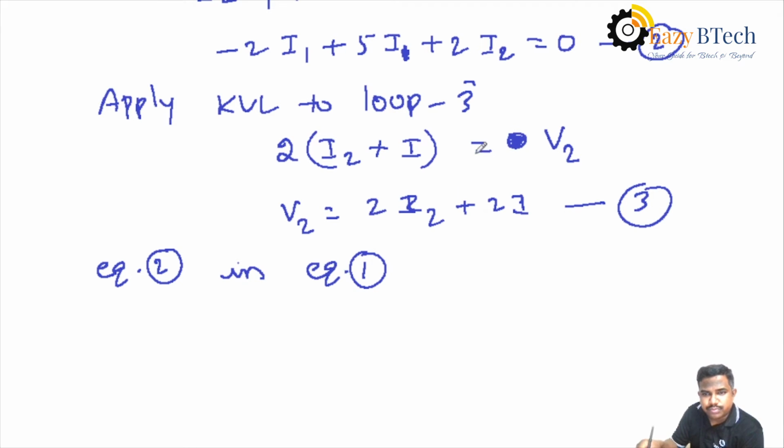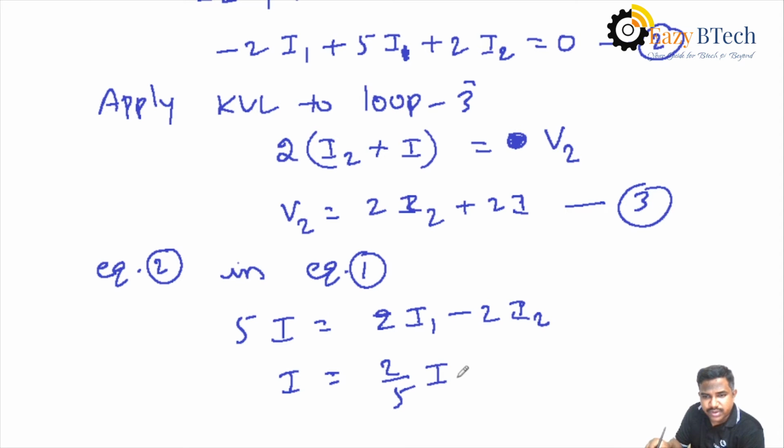From equation 2, 5I equal to 2I1 minus 2I2, so I equal to 2 by 5 I1 minus 2 by 5 I2.